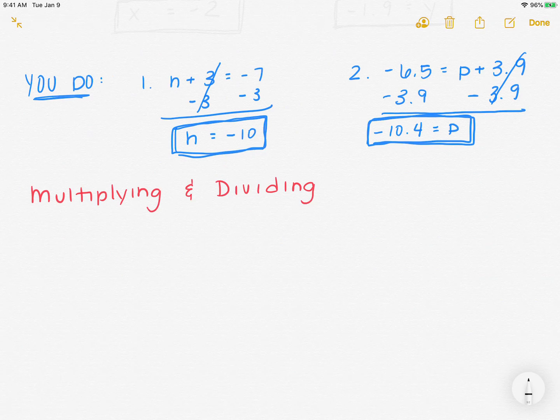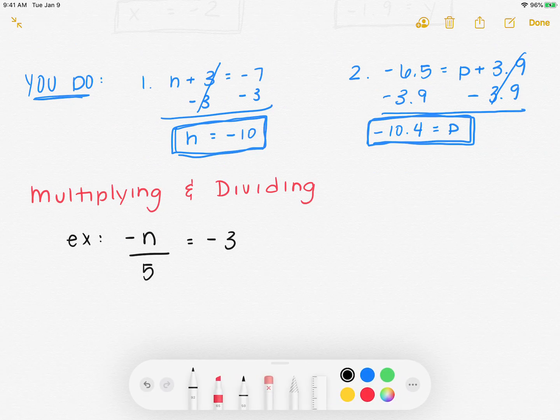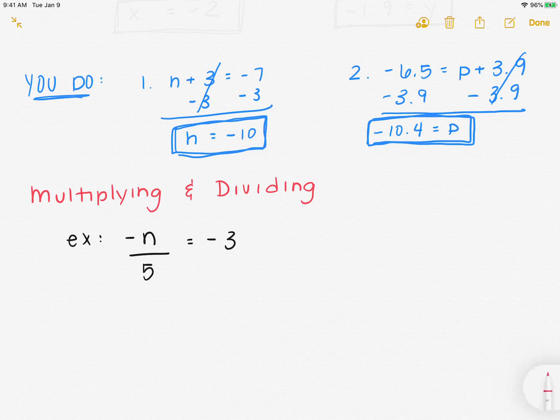My first example for multiplying and dividing is the one that's always the scariest looking, where it's -n divided by 5 equals -3. Anytime we see a fraction, we kind of always get a little freaked out, right? But fraction just means division. So what's the opposite of division?